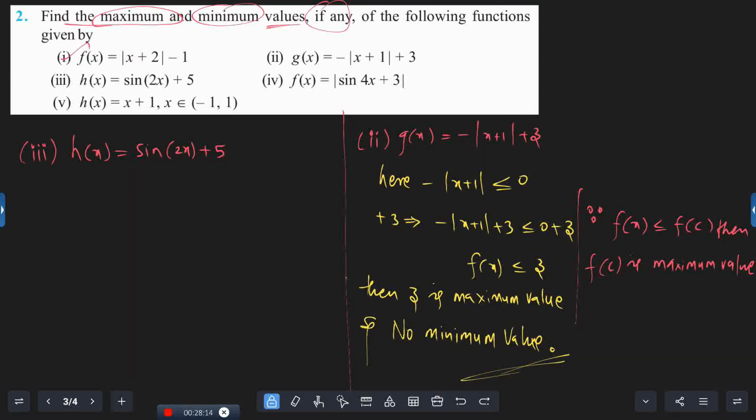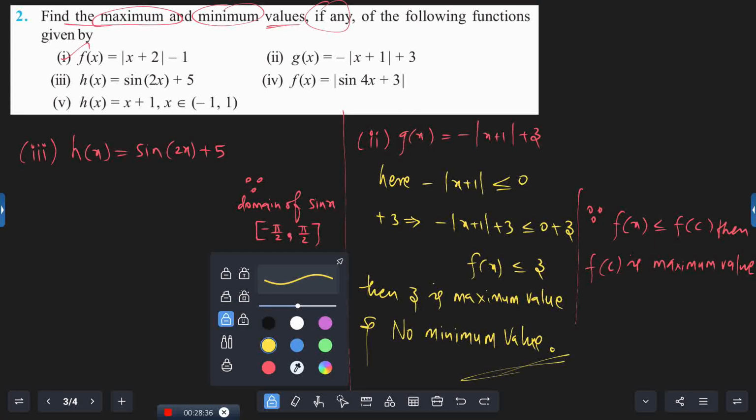Not range, domain: minus pi by 2 comma pi by 2. So I am writing that the domain of sine x is the closed interval minus pi by 2 comma plus pi by 2. Okay, this is what we have.